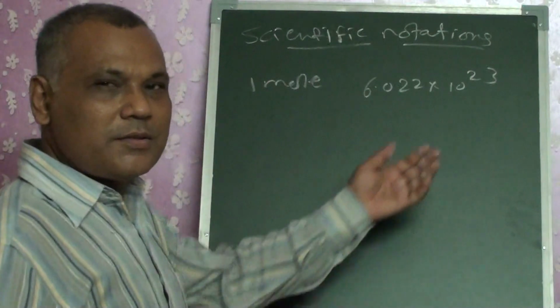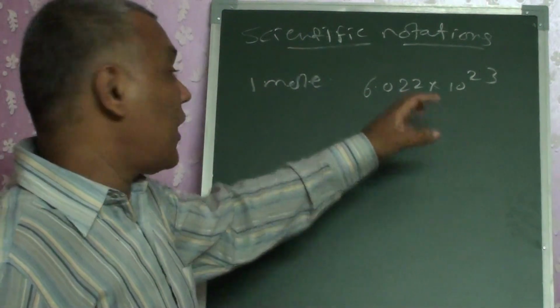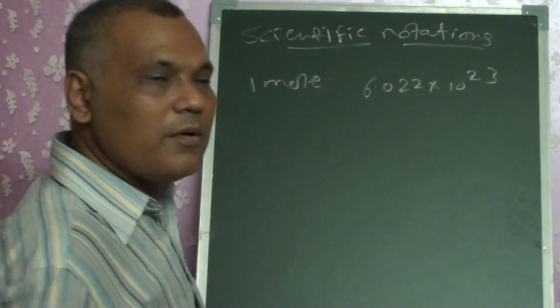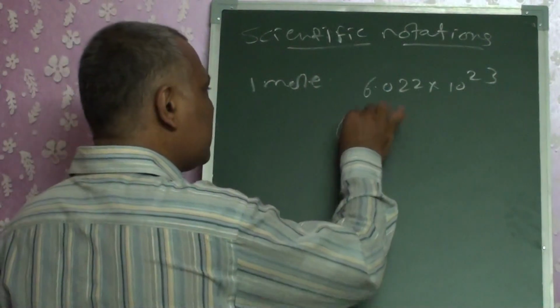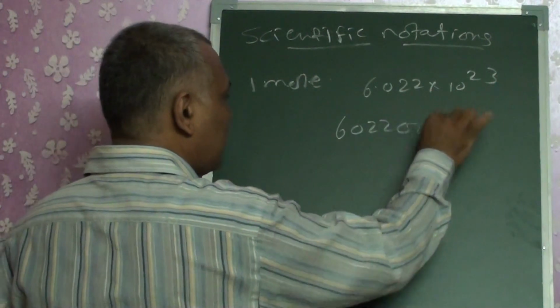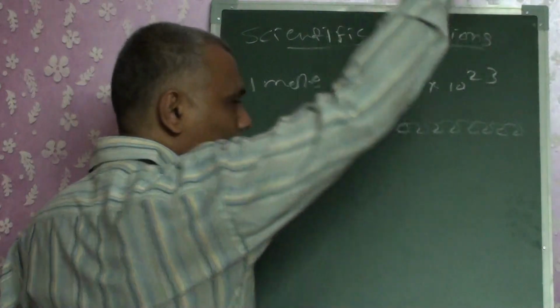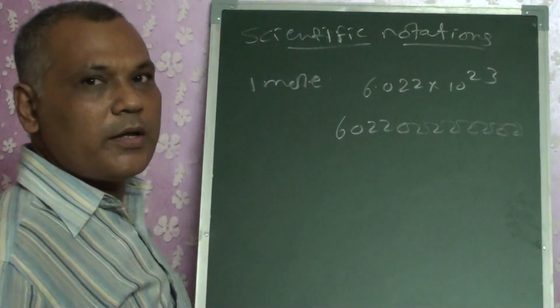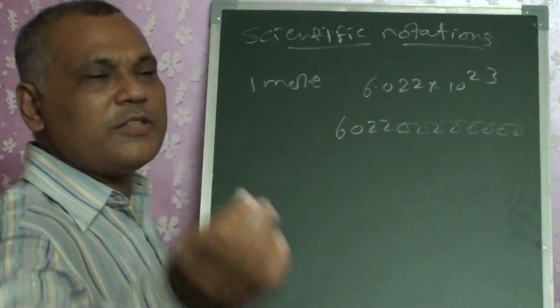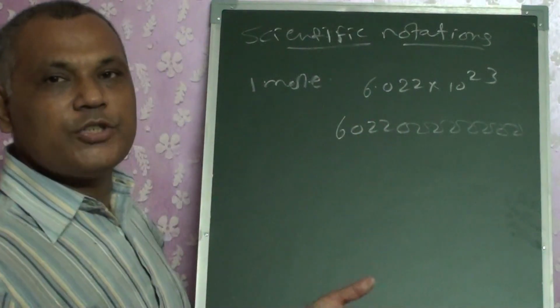Now how to write this number? If scientific notation was not developed, you would have kept on writing it like this. How many times? A small error, one 0 less or one 0 more, and the concept will change.